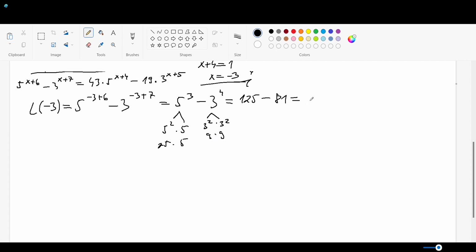If you do this subtraction, you will come to the number 44. So you can see this was really easy.